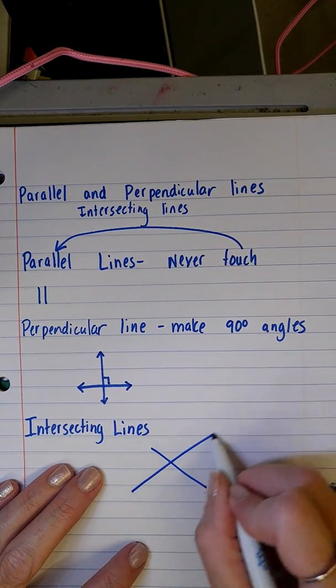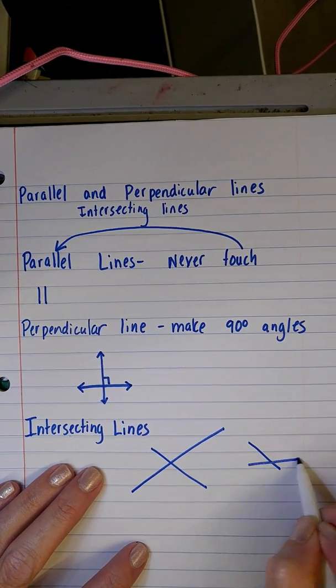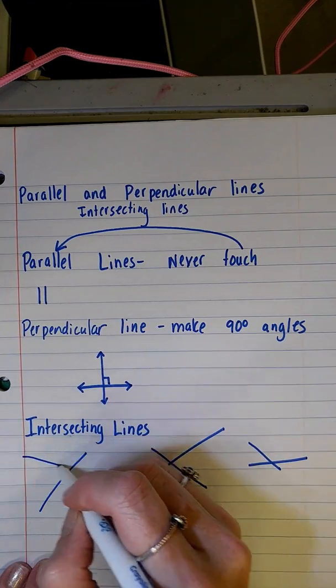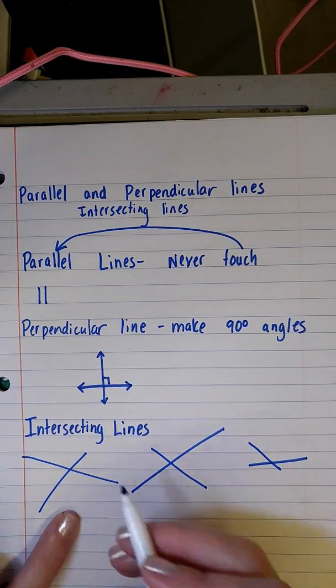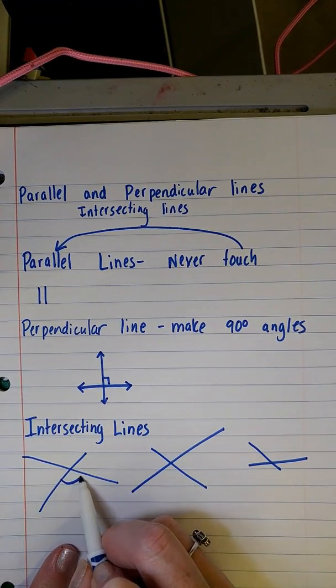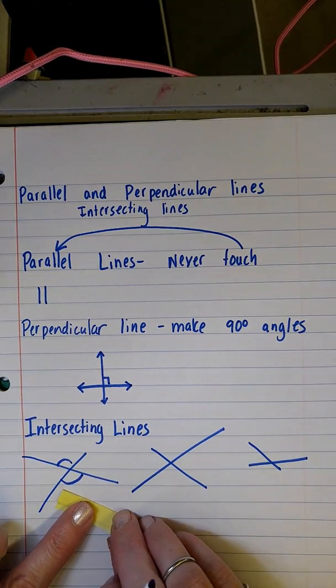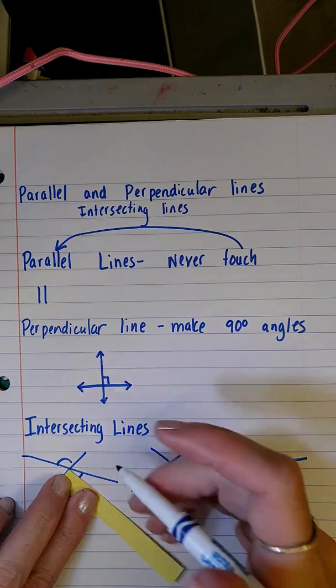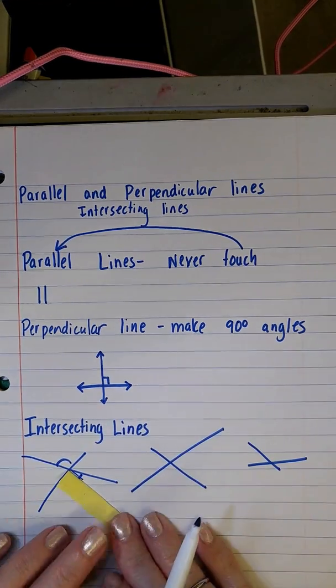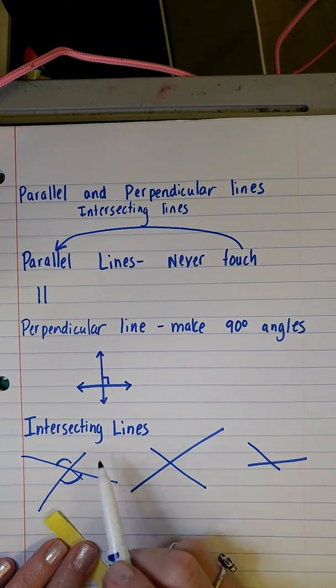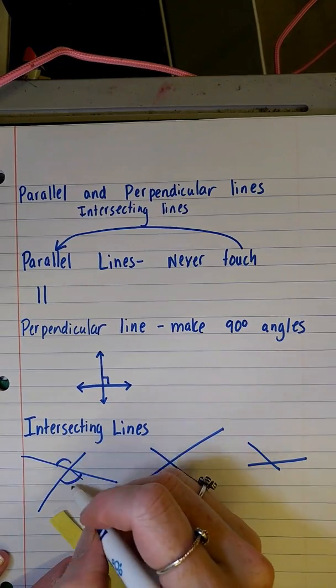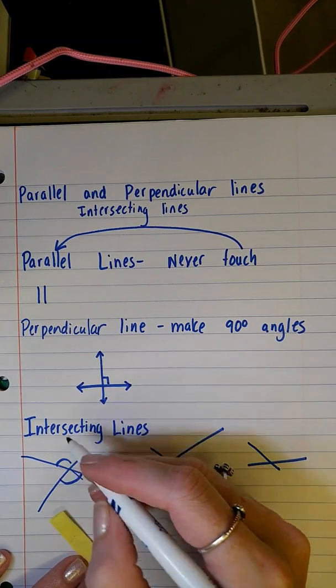It could look anything like this. It could look like this. It could look like this. They cross. There's always obtuse angles. Obtuse. And I can check that with my paper. I put it in the vertex. And then I can see that this part is inside my angle. So it makes two obtuse angles. The opposite angles are obtuse.